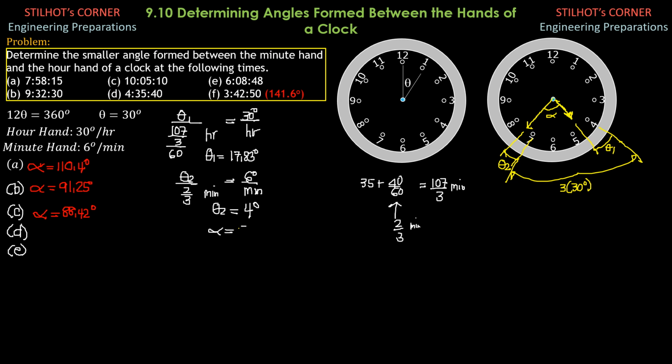From the figure, alpha is 3 times 30 degrees minus theta 1, then plus theta 2, which is 4 degrees. So 90 minus 17.83 plus 4, so 76.17. Alpha is 76.17 degrees. That's the value of alpha. Then let's proceed to part E.